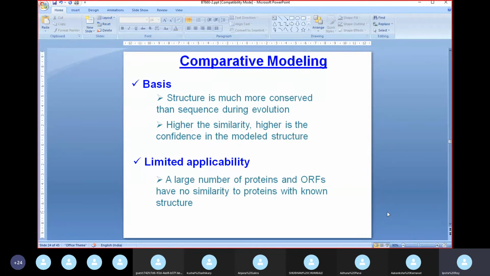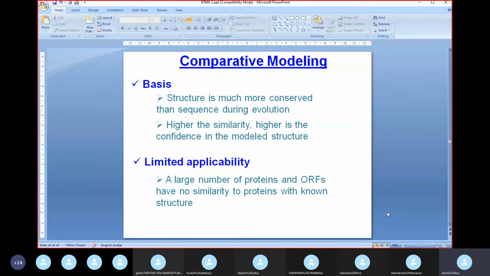So what it means is that even if the sequence changes, because obviously if I'm talking of dehydrogenase 1 versus dehydrogenase 2, the amino acids in dehydrogenase 1 will be different from the amino acids in dehydrogenase 2. But the structure that it will generate, that dehydrogenase will have an NAD binding domain that is conserved in both dehydrogenases.